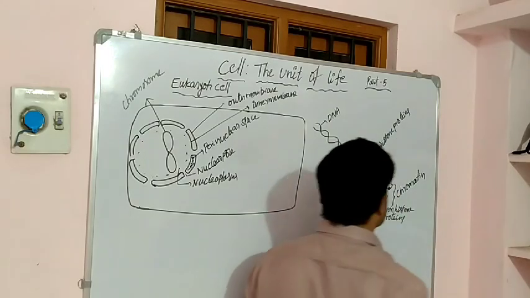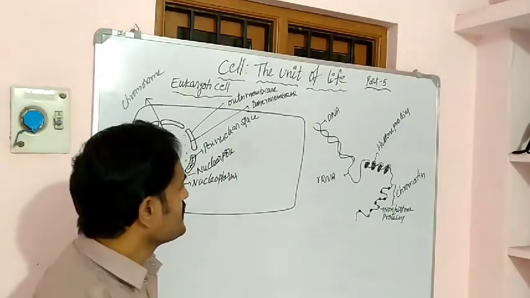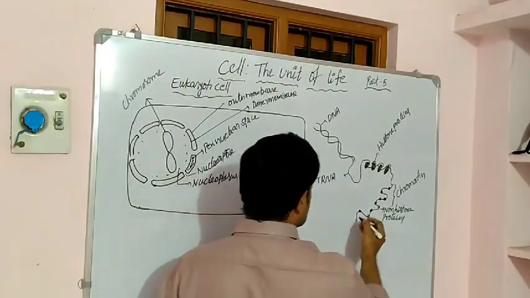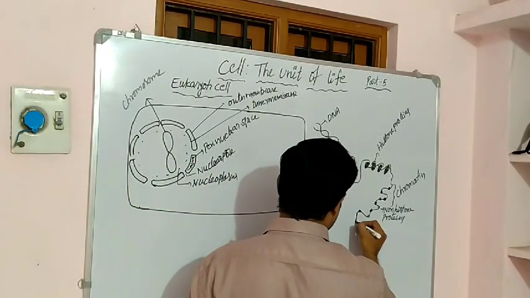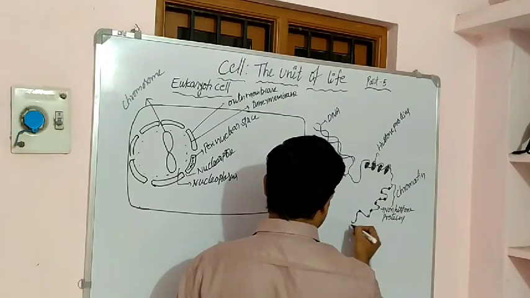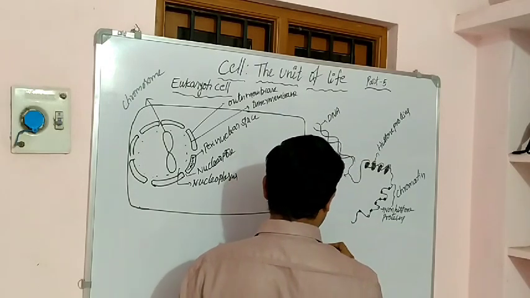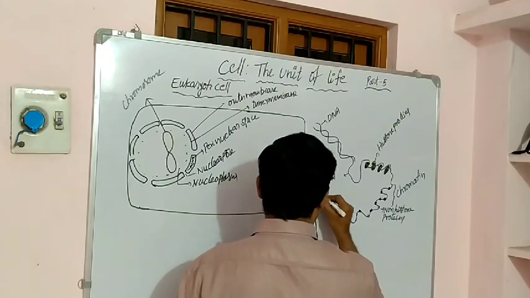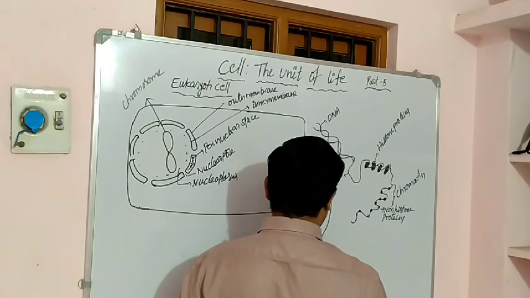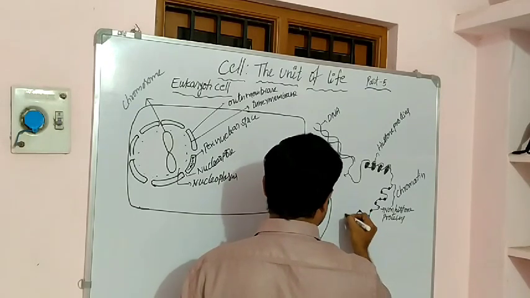Then this chromatin chain forms the chromosome like this.